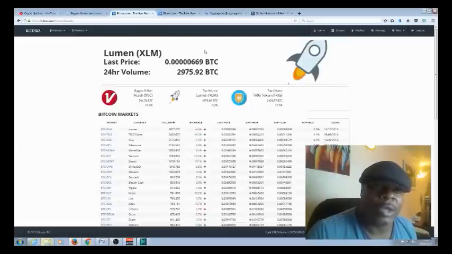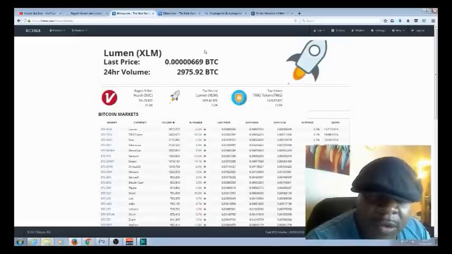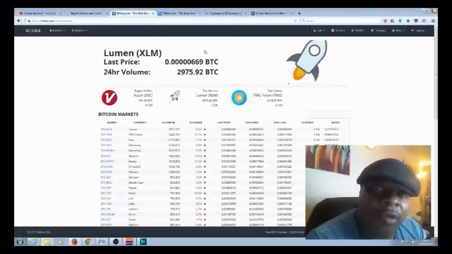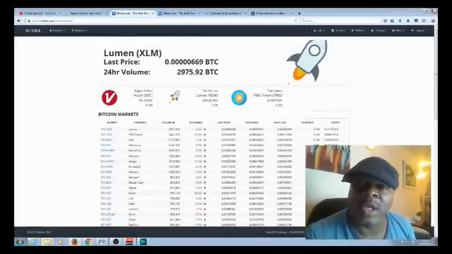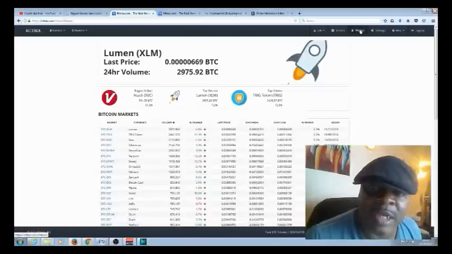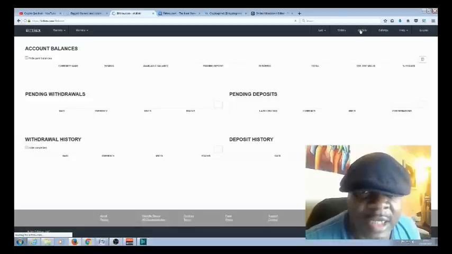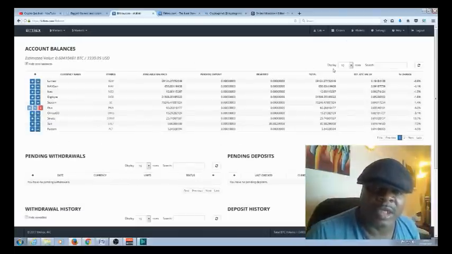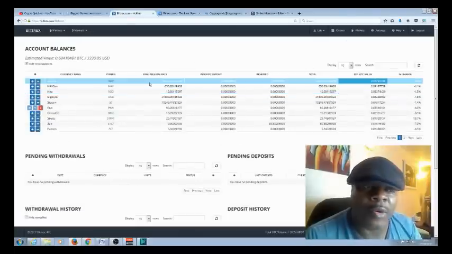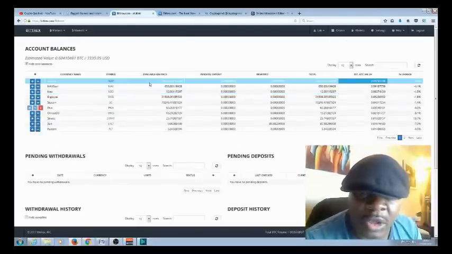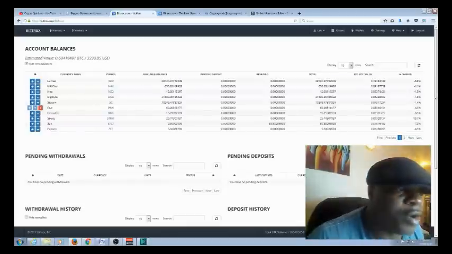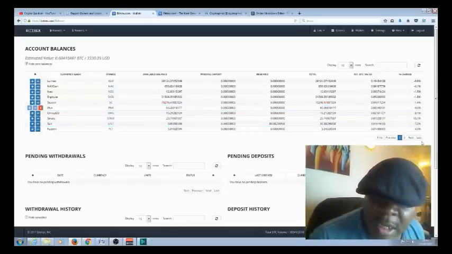So now you've registered on the website. Now before you can carry out a trade, you have to preload your currency of trade. So in this instance, I have preloaded because I'm already registered and I'm already using this website. My currency of trade, my preference for trade is Bitcoin.